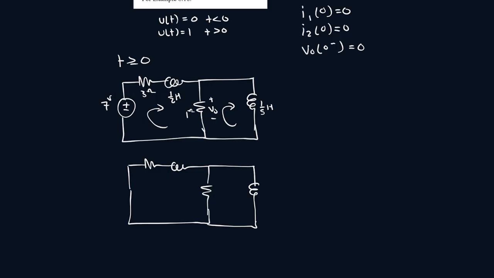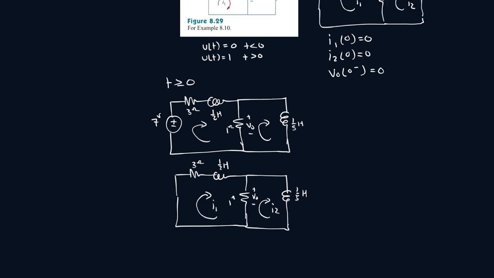So we have to find a way to ignore this voltage source, and we can do that by making a transient circuit. Okay, so this is I1, this is I2, this is 3 ohms, 1 over 2 henries, 1 ohm, VO, and then 1 over 5 henries.